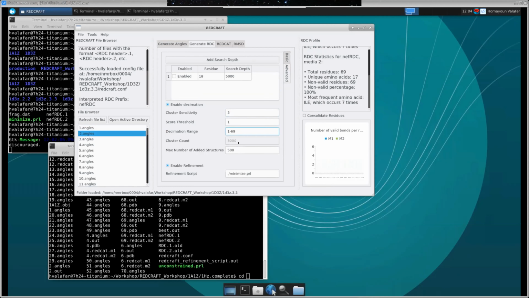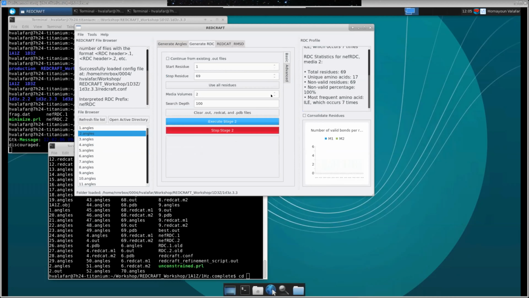Decimation applies to the entire thing, and I'm going to cap the contribution of decimation to only 500 new structural clusters. I'm going to minimize my structures using this script, and this particular one I'm just going to erase. There's no point in having that. And I'm just going to start my execution. So execute stage 2.